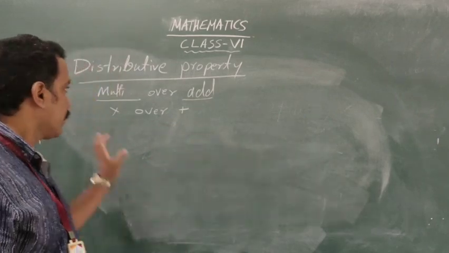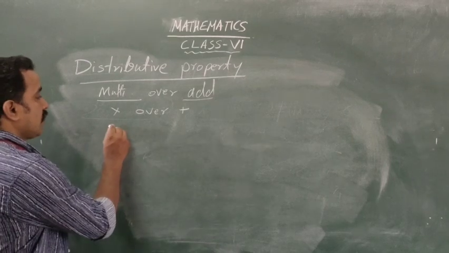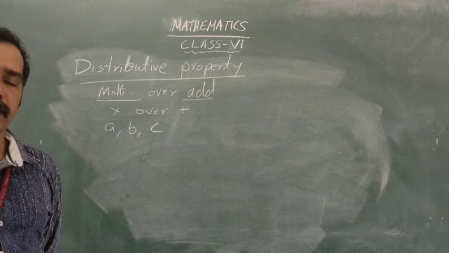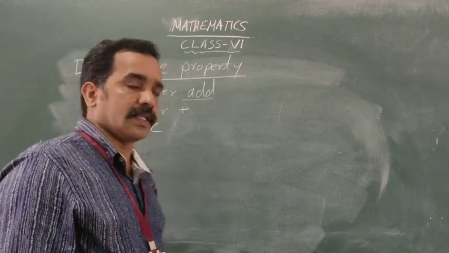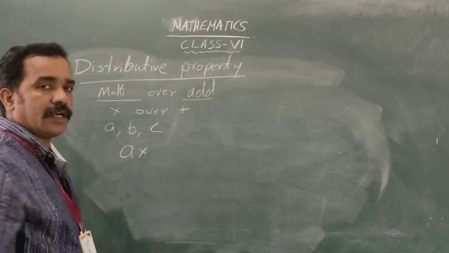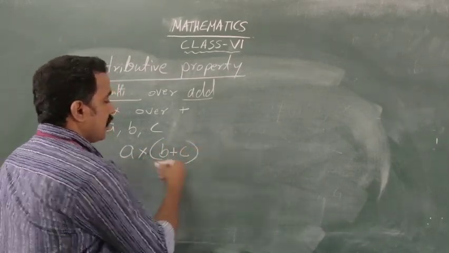I will explain. Multiplication over addition means, suppose there are three whole numbers A, B and C. If you are multiplying A with the sum of B and C, understood?